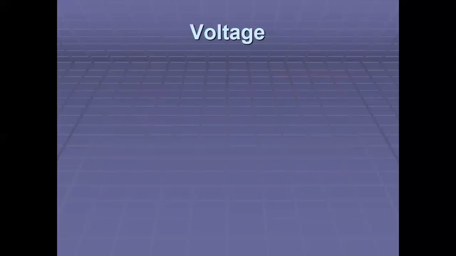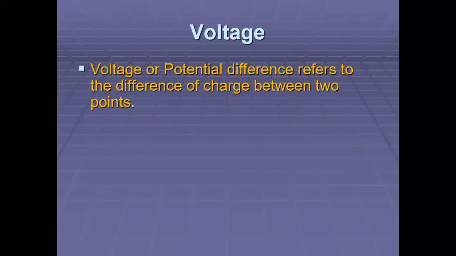Now we have another of the basic electrical terms: voltage. What is voltage? Voltage is known as potential difference. It refers to the difference of charge between 2 points. It's just like water. If water is high, it will fall with force.